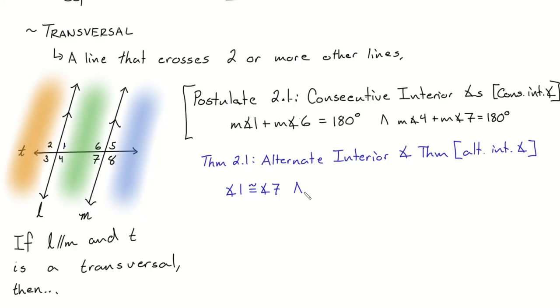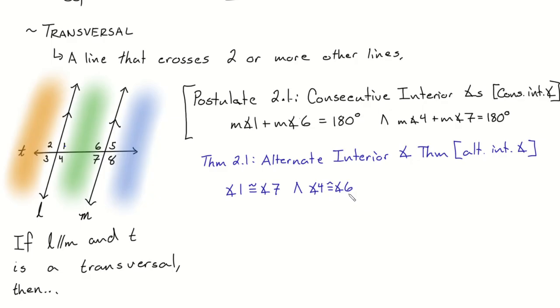And give me another pair of congruent angles that you see here, Henning. 1 and 7 match. Any others? Love it. Angle 4 is congruent to angle 6. Notice, if you can identify that this is the interior region between the lines, alternate just means opposite side of whatever we're looking at.